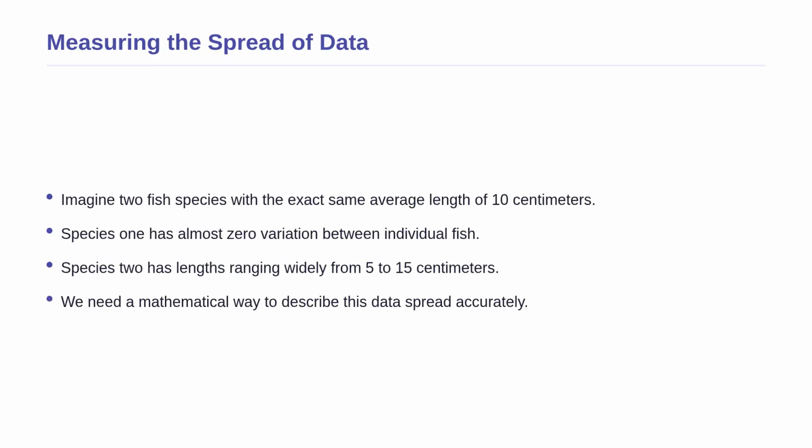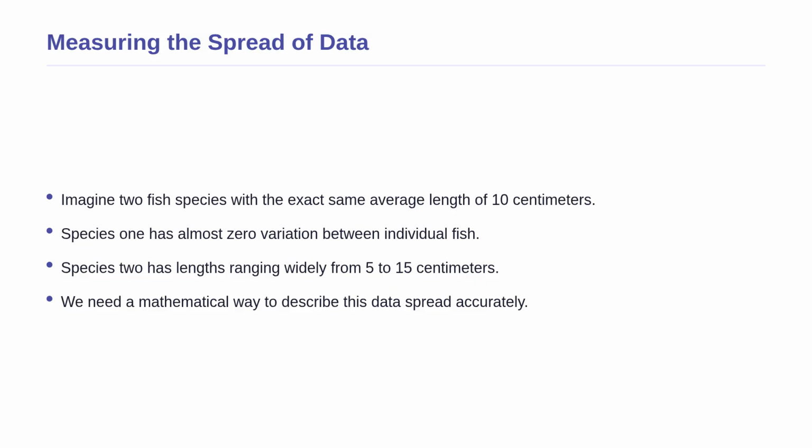Let us start by imagining you are a biologist measuring the lengths of two different species of fish. In the first species, almost every fish is exactly 10 centimeters long, with very little variation from one fish to the next.